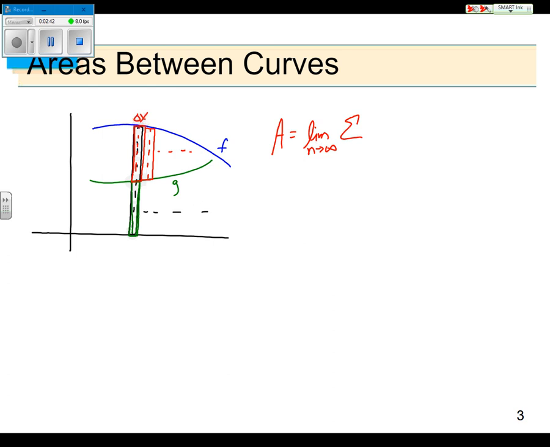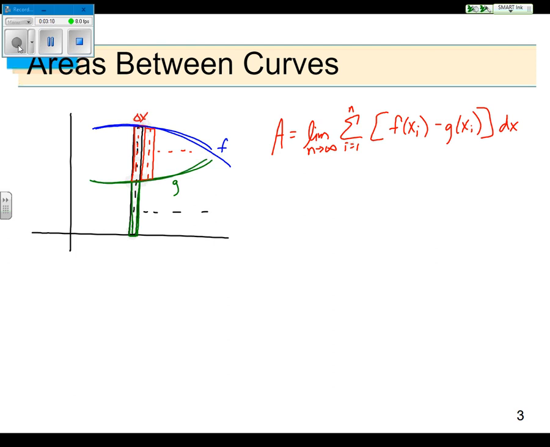And I'm going to add up the area of each strip. The big kicker on this is making sure that you are using f of x minus g of x. Whether you're using left endpoints, right endpoints, or midpoints, that's why I put that i in there. It'll take care of that. And so I've always got to make sure I'm doing the top curve minus the bottom curve.